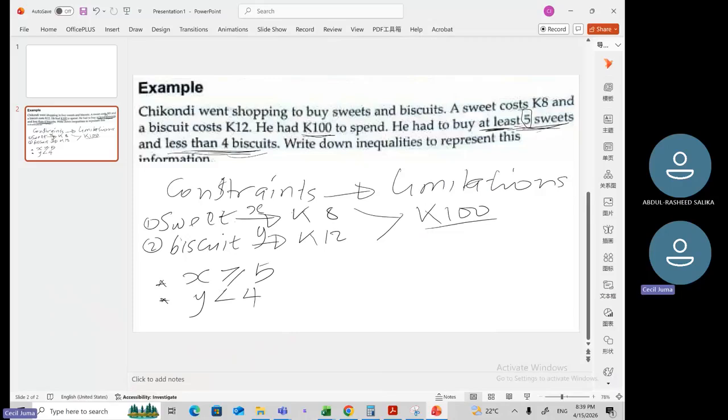It's very important to determine how much we may need. Okay, so whatever this guy buys should not be greater than 5, that's sweets, and the biscuit should not be less than 4.